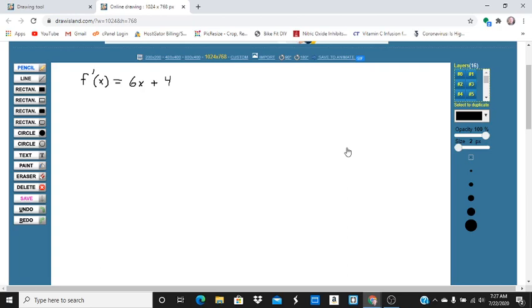I have a first derivative of f of x, and that equals 6x plus 4, and my question is going to be, does f have a min or max?